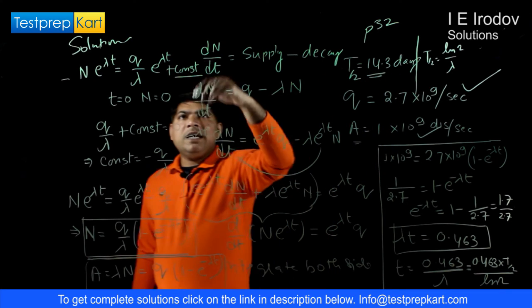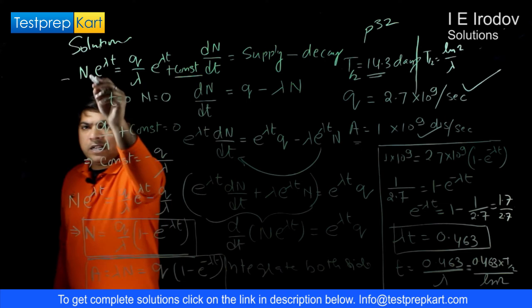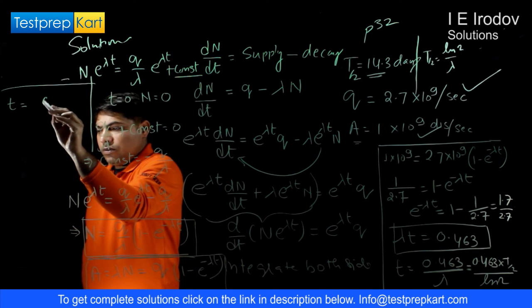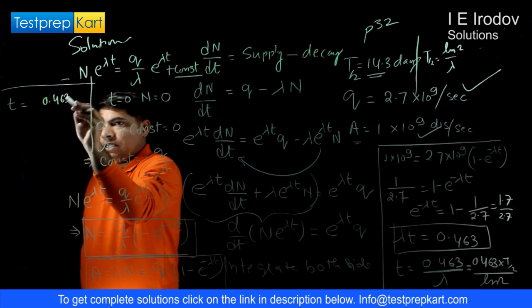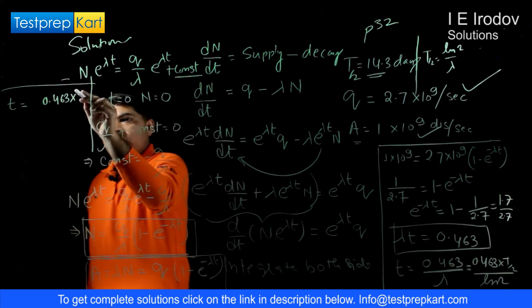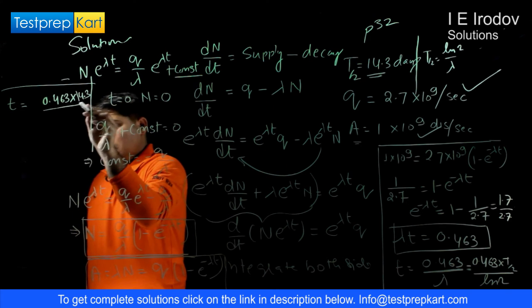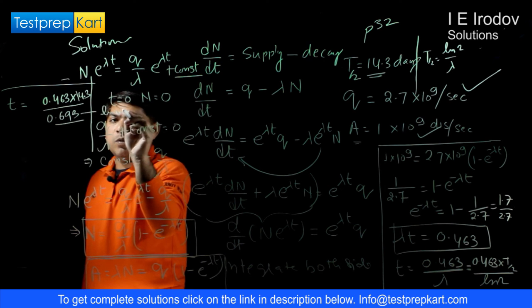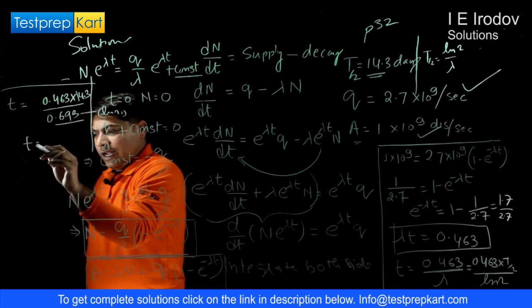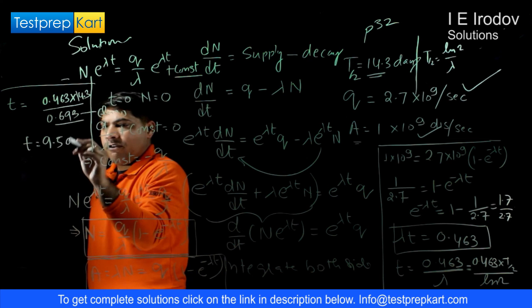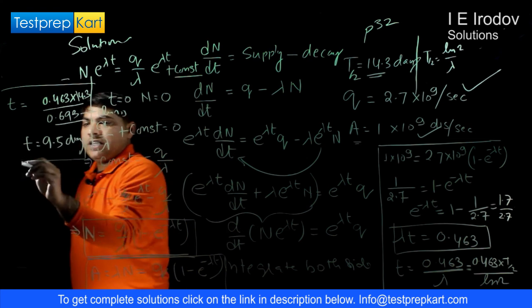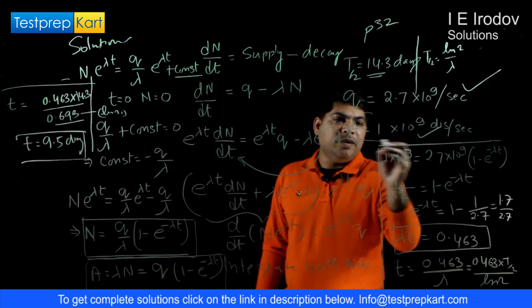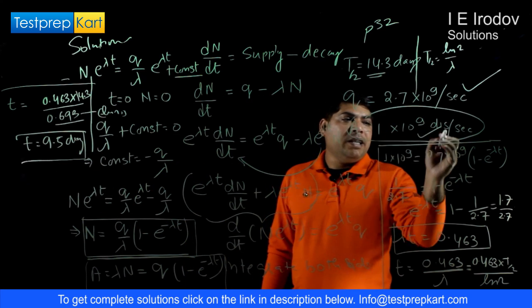So t = 0.463 × 14.3 days divided by 0.693, which is the value of ln 2. From here we get 9.5 days. It means after 9.5 days, the activity of this nuclide will be 1 × 10^9 disintegrations per second.